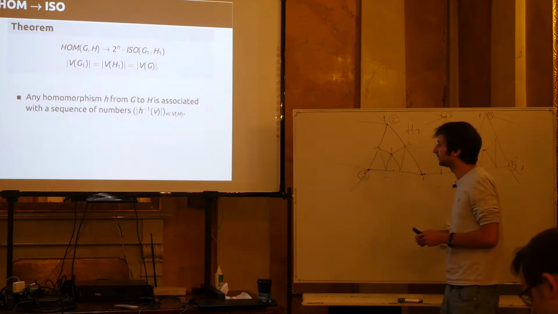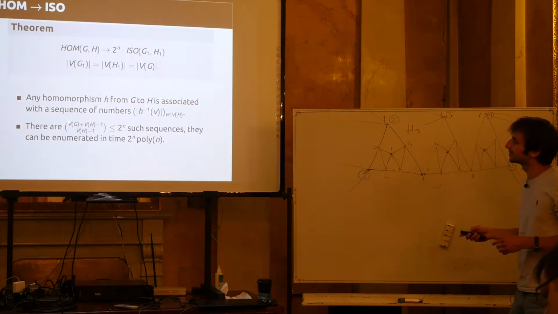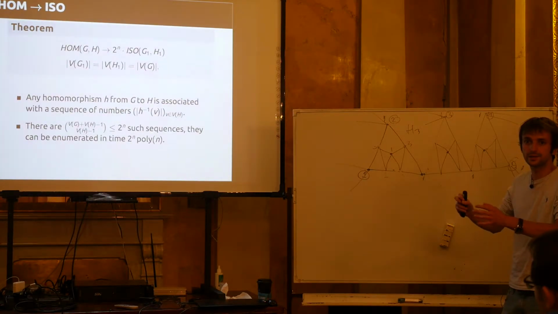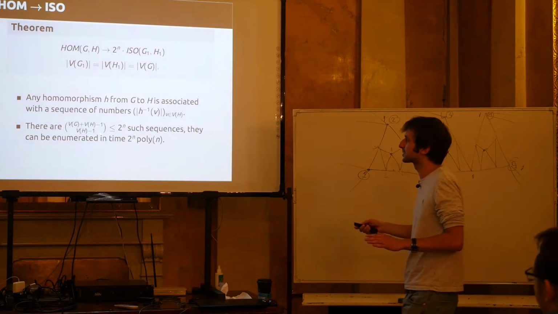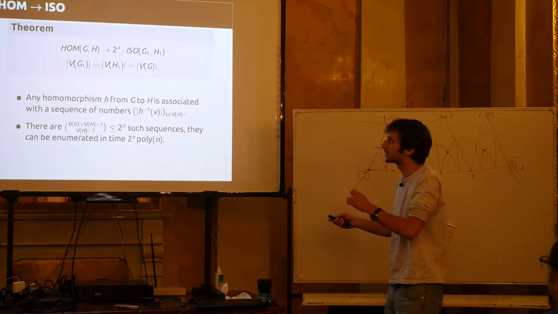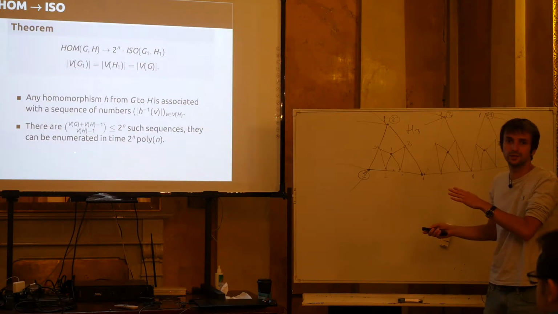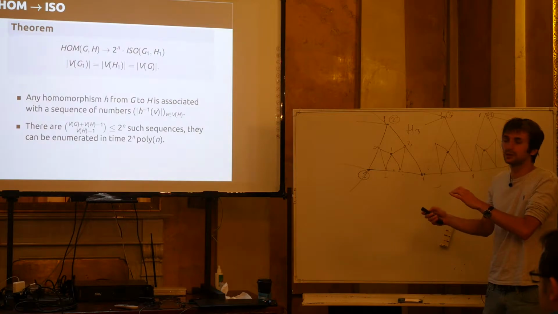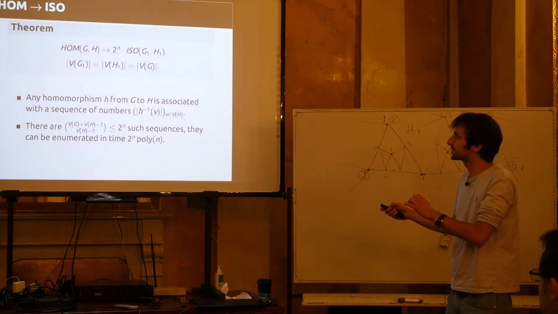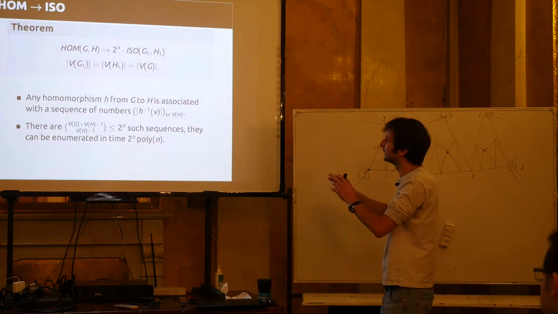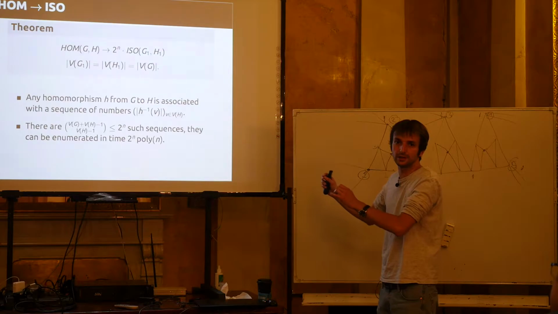For this, from these n vertices, with repetitions, we want to choose h numbers. So this is combinations with repetitions, and there is a simple formula for it which reduces to normal combinations. It says that the number of such sequences is at most n plus h minus 1 choose h minus 1.